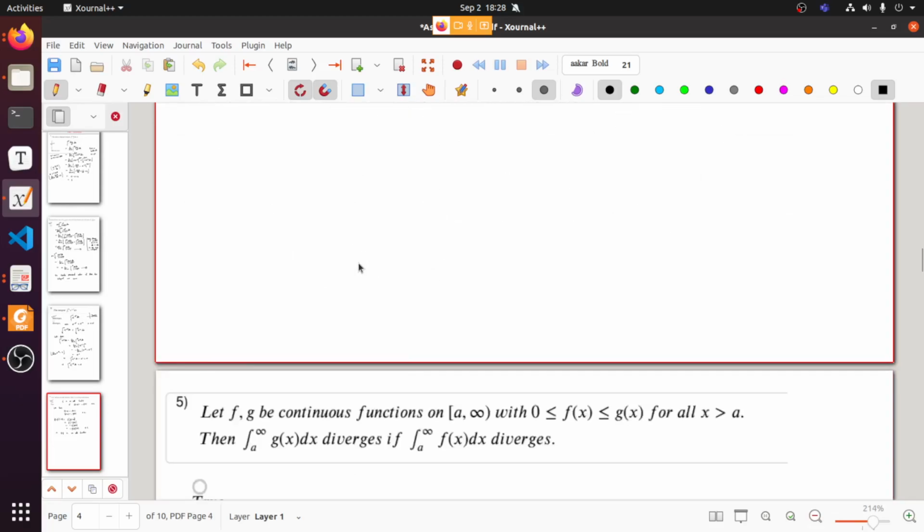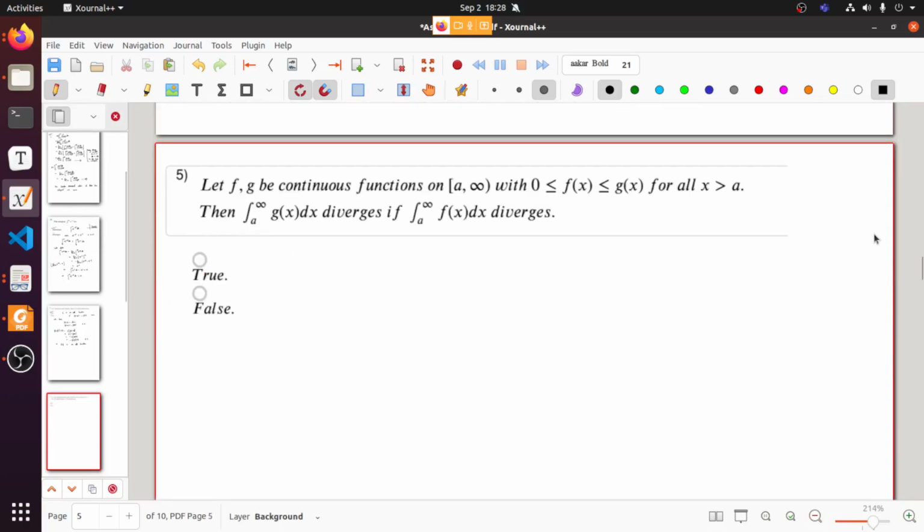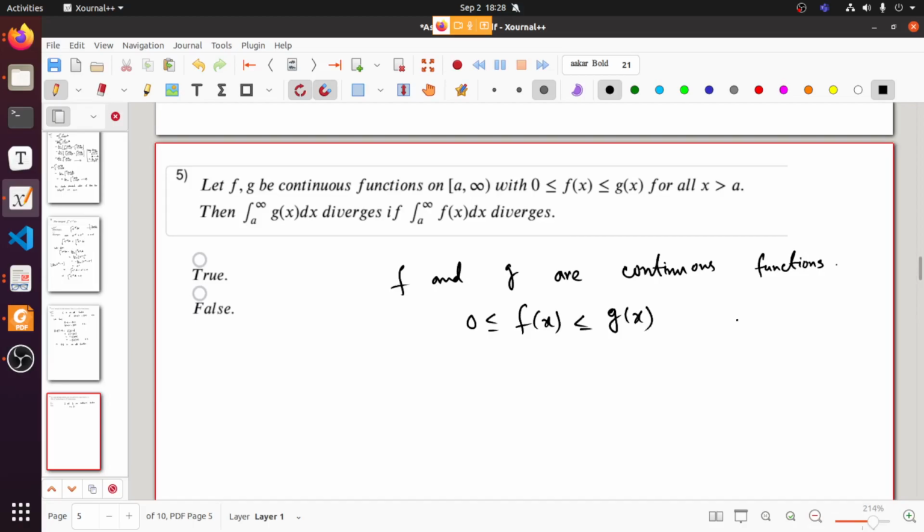So now move to the next one. Question number 5. It is saying let f and g be continuous functions on 1 to infinity. We are given that f and g are continuous functions, both are positive functions, and f x is less than g x for all x greater than a.